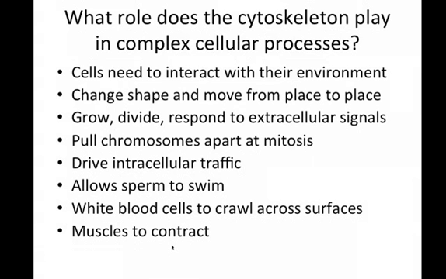Well, cells, we already know they need to interact with their environment. They change their shape, move from place to place. They grow, divide, respond to extracellular signals. They pull chromosomes apart during mitosis. There's intracellular traffic. Sperm need to swim, otherwise our species is not going to do very well. White blood cells crawl across surfaces. And of course, muscles contract.